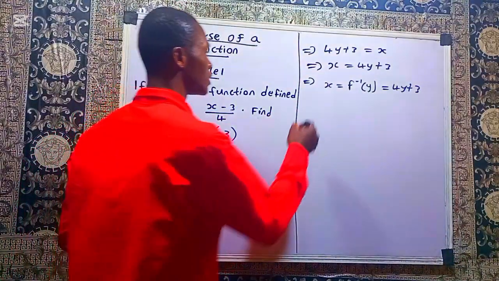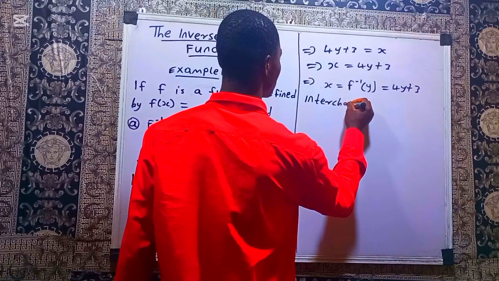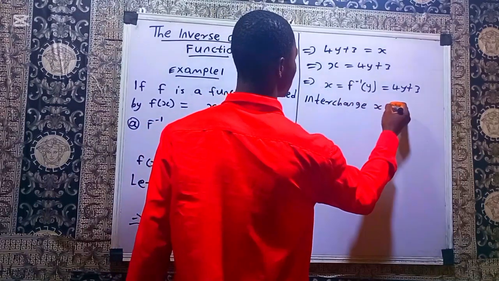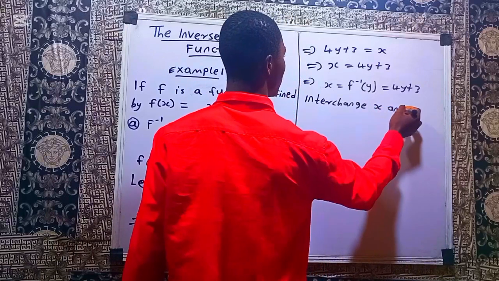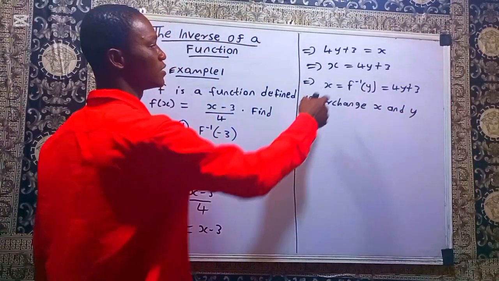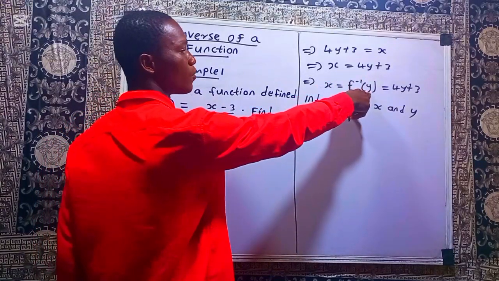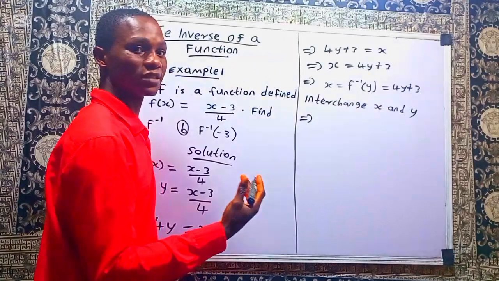Because of that, we interchange x and y. If you interchange x and y, then instead of having f inverse of y, you are going to have f inverse of x, because you are interchanging x and y.